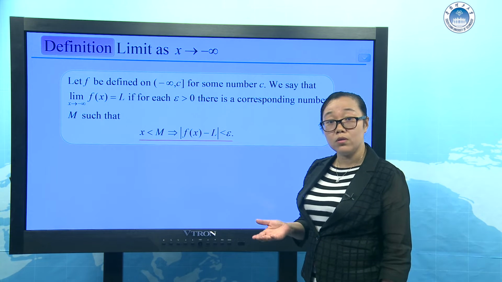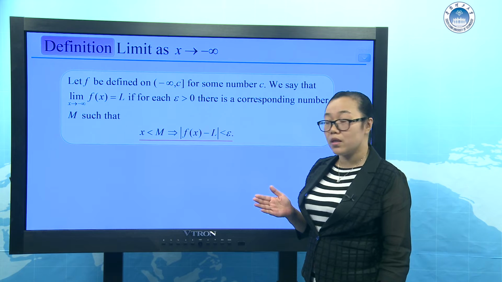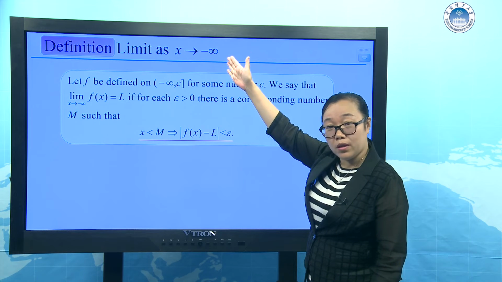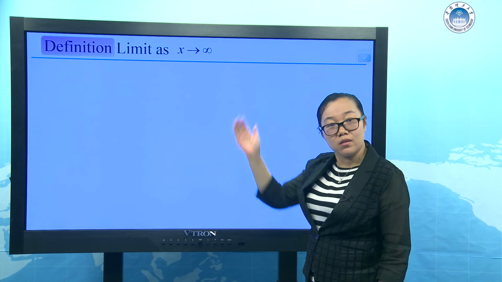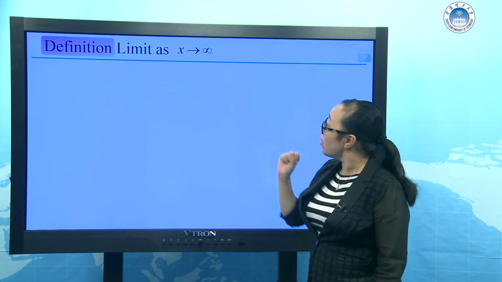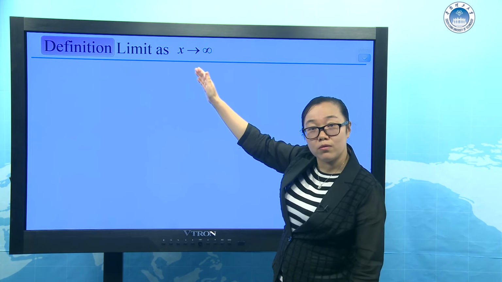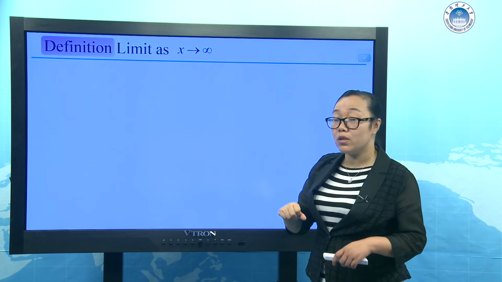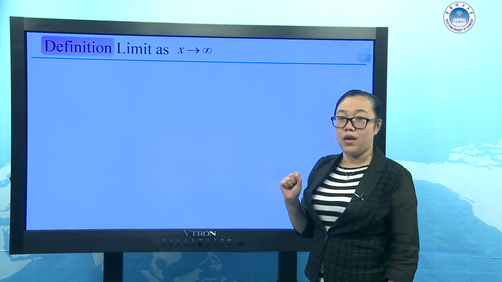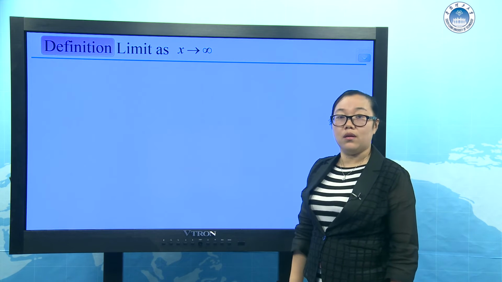Together, according to the definitions for x tends to positive infinity and x tends to minus infinity, we have this definition: limit as x tends to infinity. This infinity includes positive infinity and minus infinity.